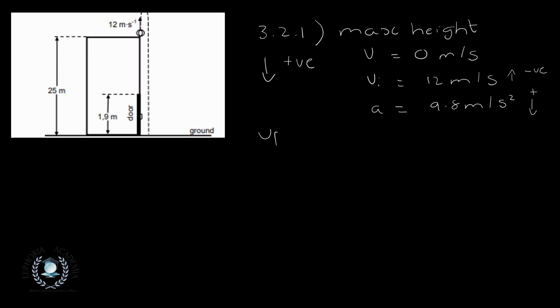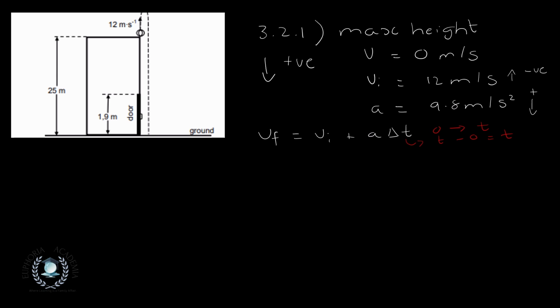We're going to use Vf is equal to Vi plus the acceleration multiplied by delta t. Our delta t is essentially from 0 to some time t, so I'm going to drop the delta, because it is t minus 0, which just gives us t.